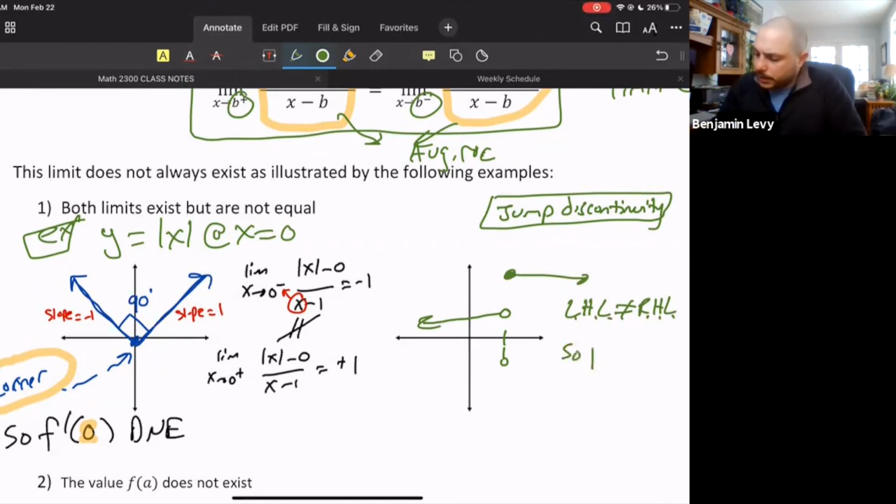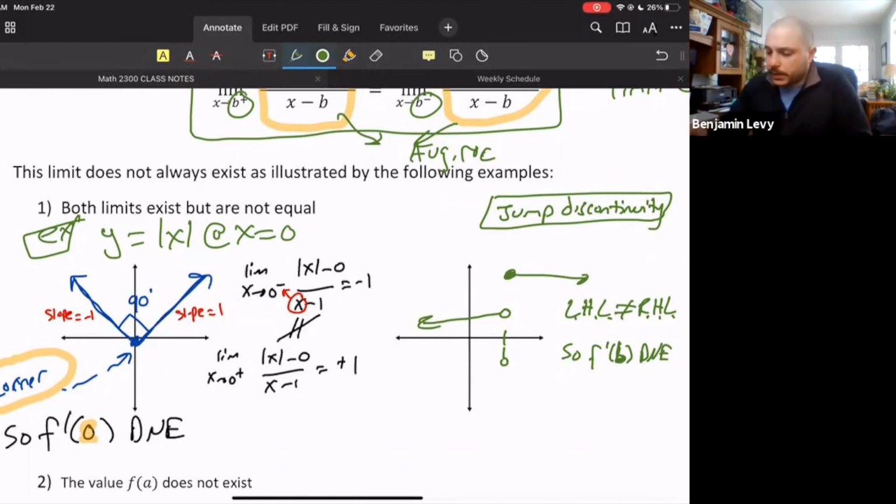And so in that case, the derivative at B does not exist. So if the graph has a corner, it won't be differentiable at the corner. If the graph jumps, it's not differentiable at the jump.